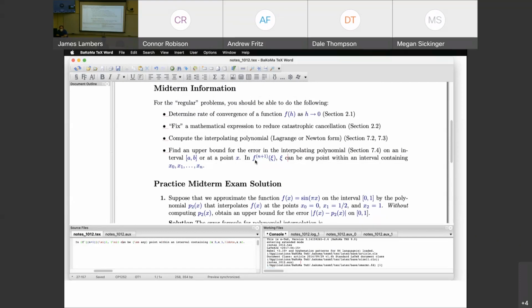Here's one thing that I want to bring up. It's actually a bit of an oversight on my part. It turns out that there is no distinction on the midterm for students who are in 460 versus 560.